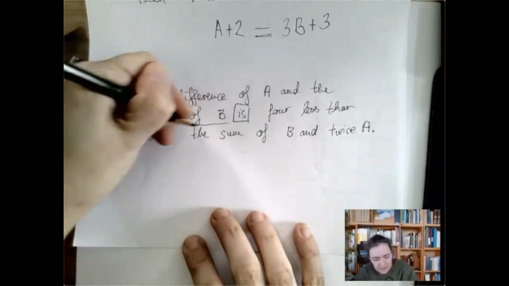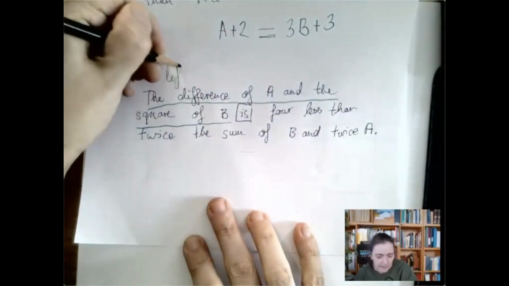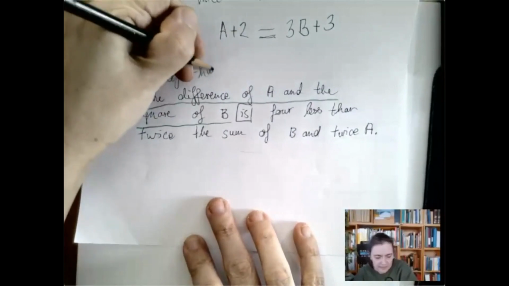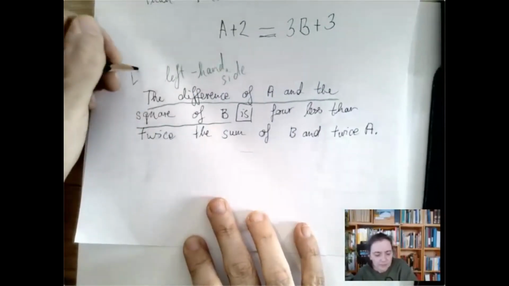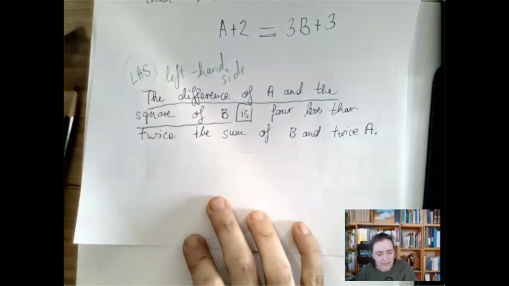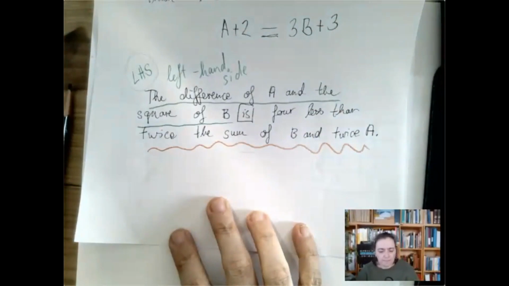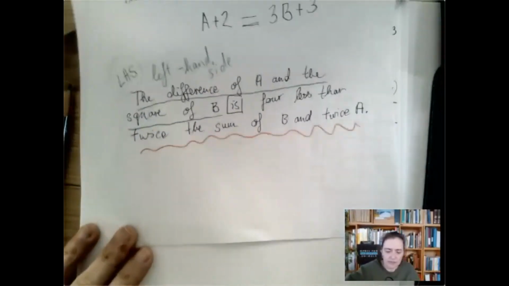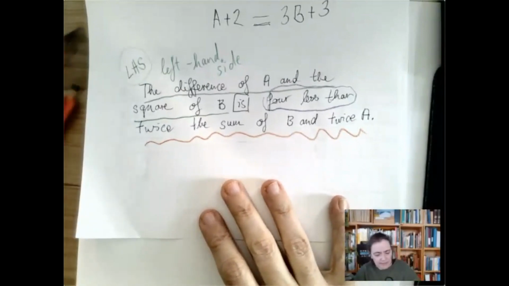This here is the left-hand side, which I'm going to usually abbreviate like this. That's short for left-hand side. Now, this here is the right-hand side. And this is the comparison in between. This is the comparison. So this is the right-hand side.